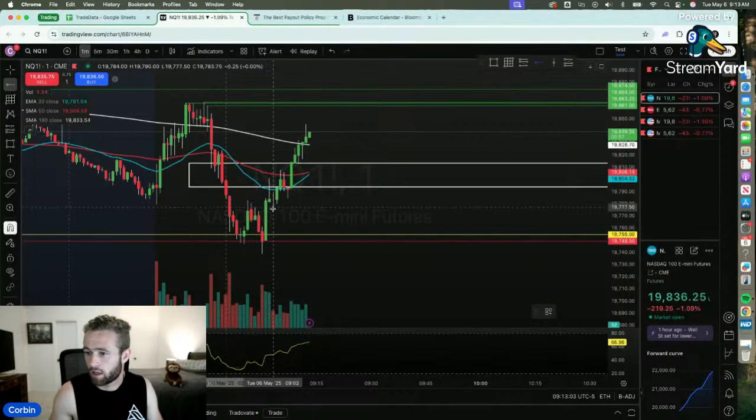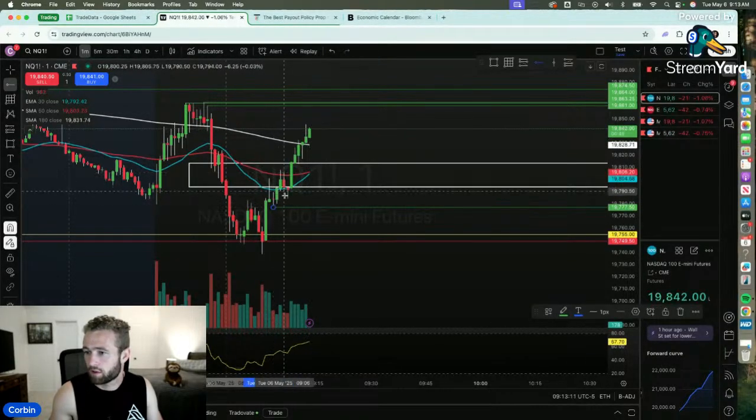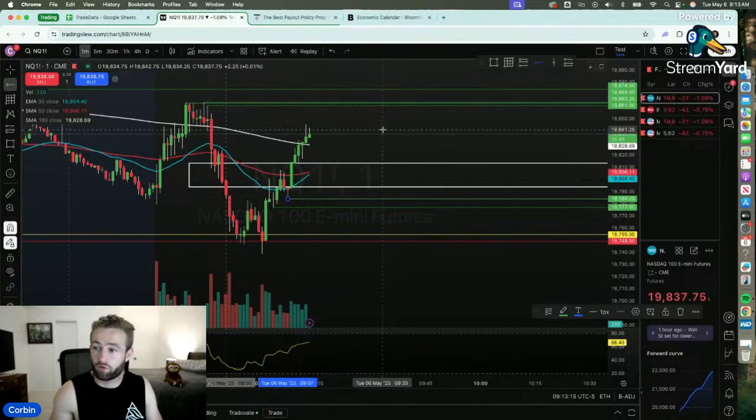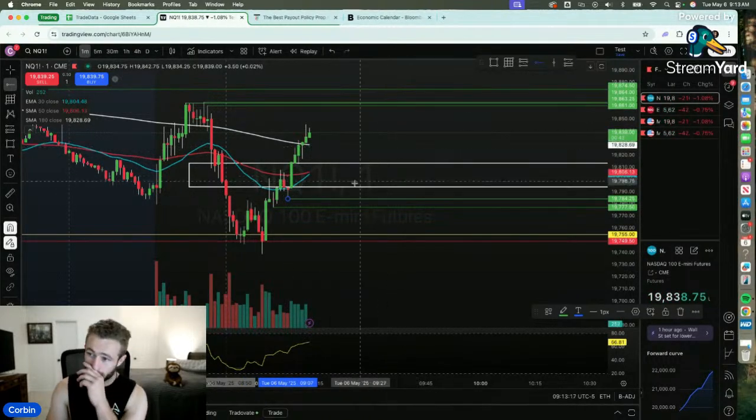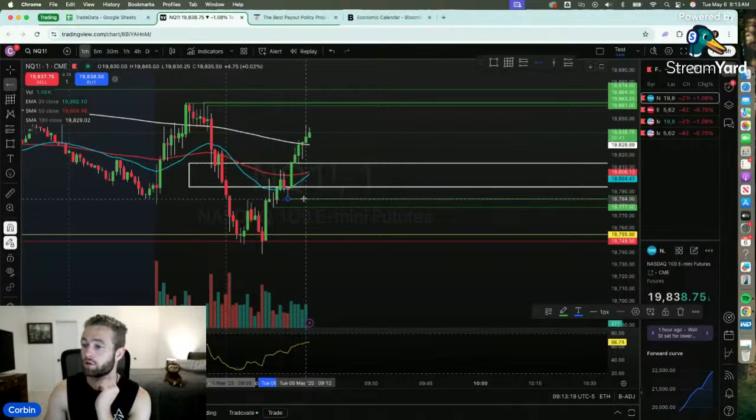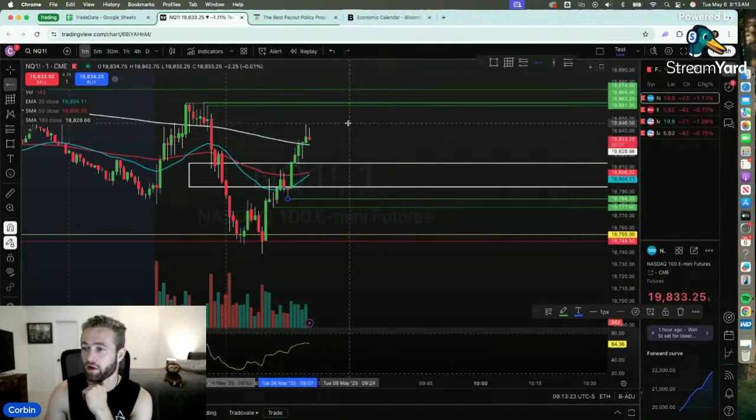I'm just gonna magnetize this. Move down, followed by a move up. There's a low. Move down, followed by a move up. There's a low. Haven't formed another low since then. But we got a bullish fair value gap right here. We are filling this inverse fair value gap here.